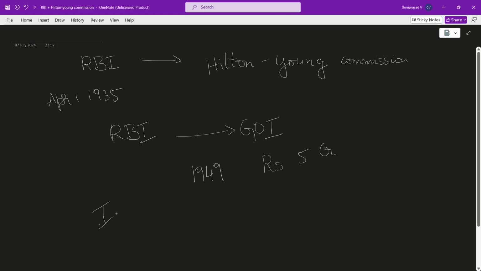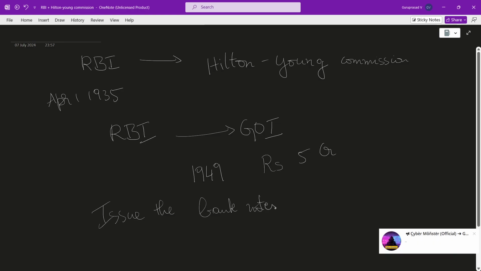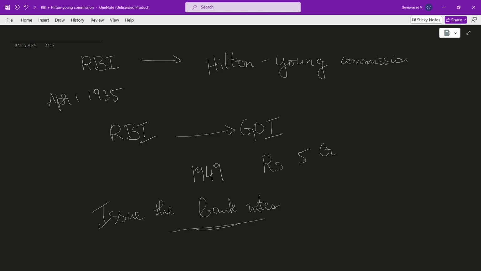One is to issue the banknotes, that is printing money, and at the same time securing monetary stability. And also, it will bring in the monetary policy framework and keep the inflation under control.